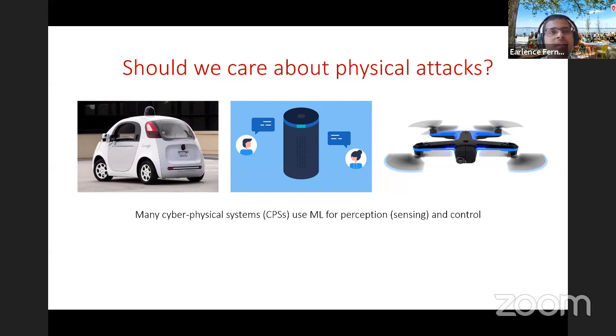In cars, for example, they are used in perception and sensing, and sometimes even control. So naturally, the implication is that if these adversarial examples are physical and can cause behavioral changes in these physical systems, then that would be very bad for their safety and security.